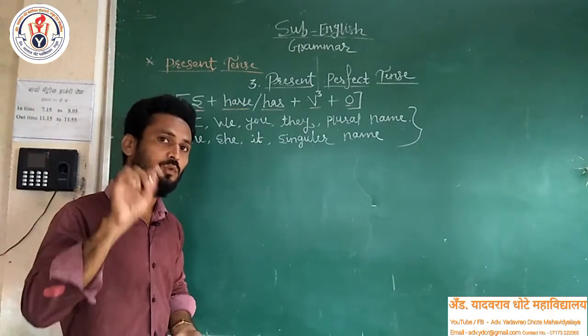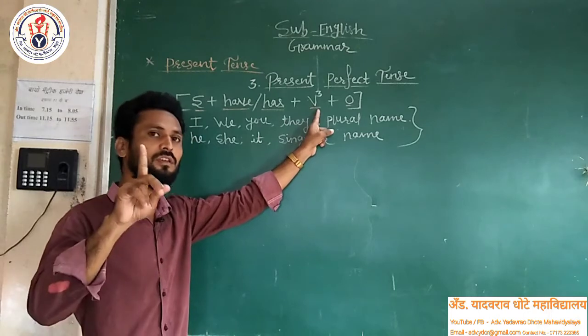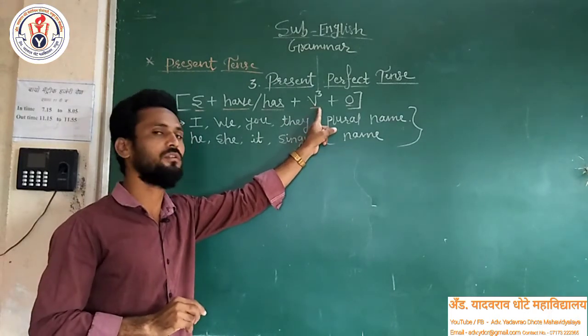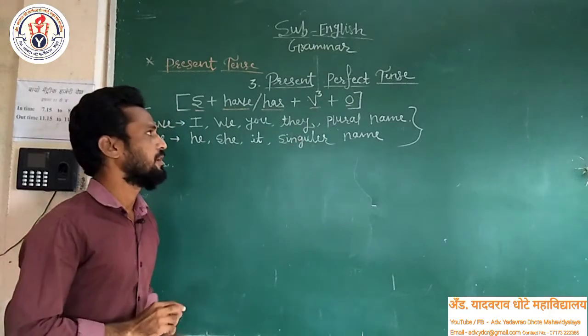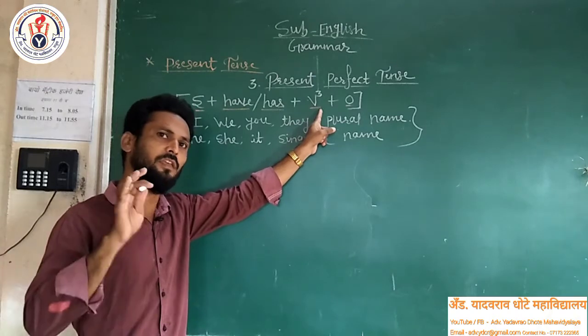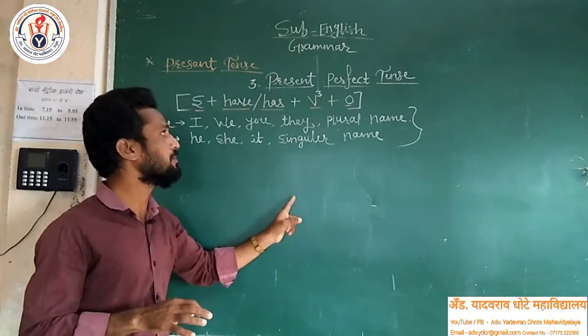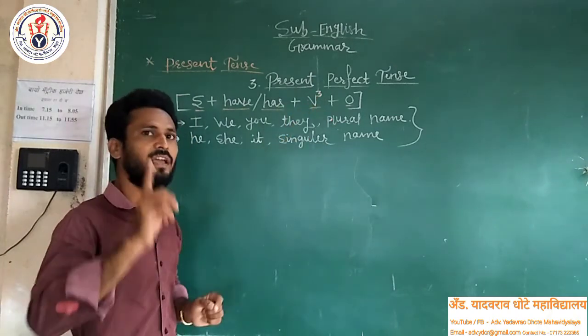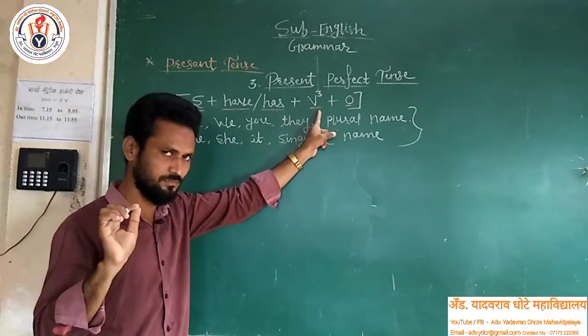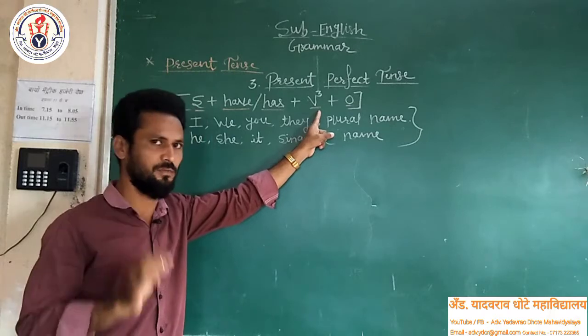Among those 5 forms, one is the third form, the past participle form, that is called V3. So whatever verb you write while composing present perfect tense, remember that you have to write only the third form of the verb, the past participle form.